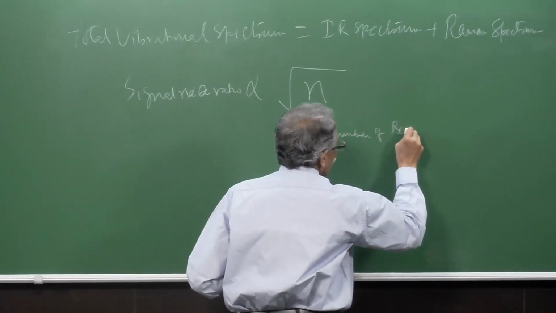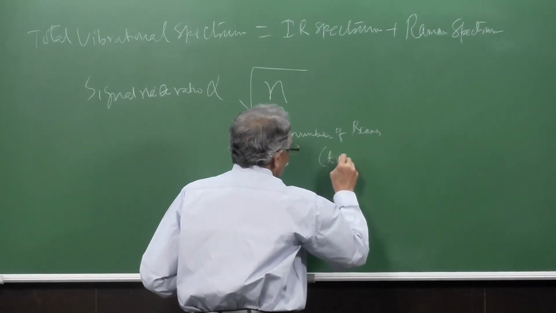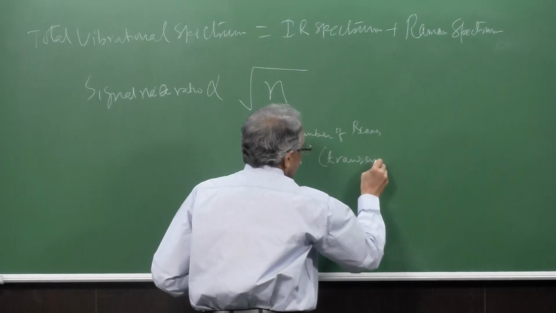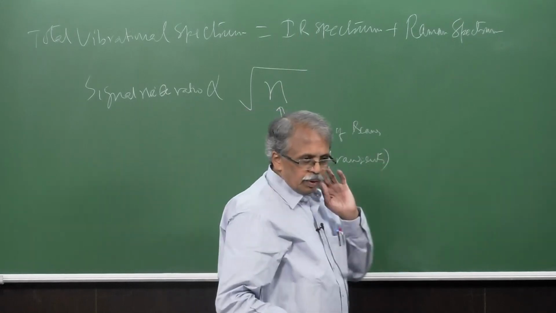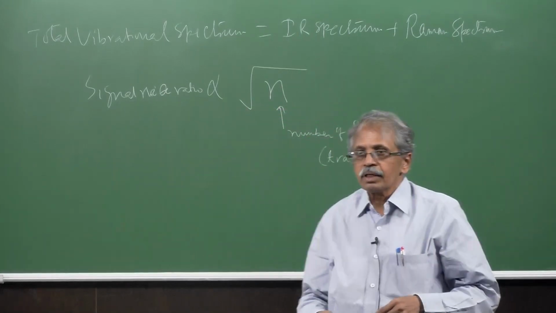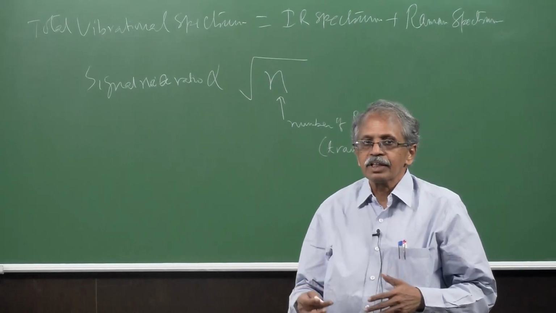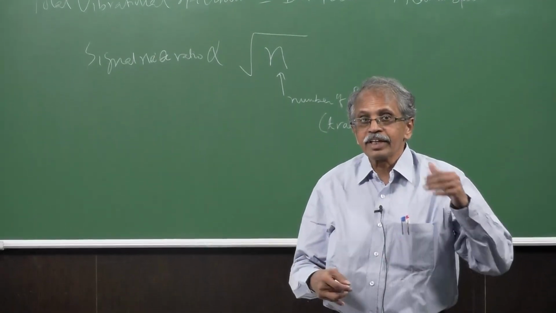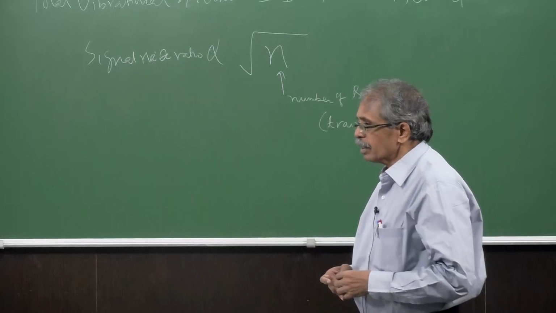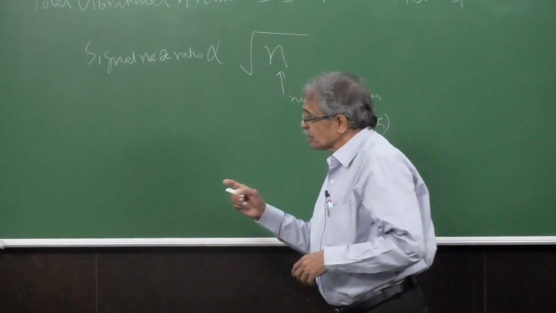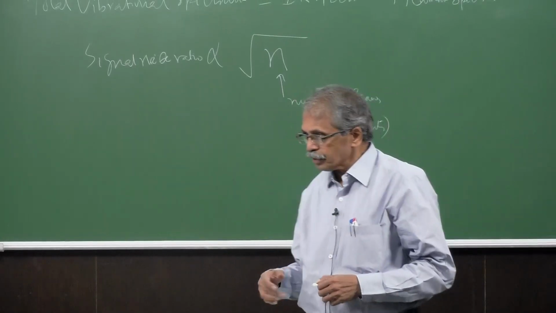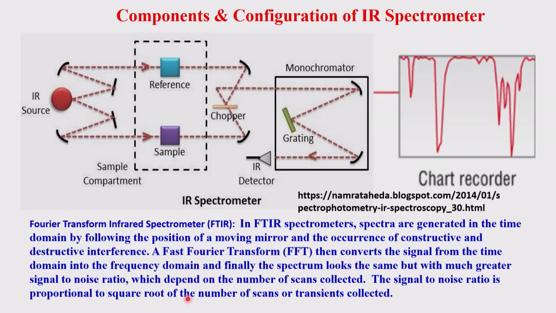In some cases they call these transients. So if you make 100 scans, the square root of 100 is 10, and you get a 10 times better signal to noise ratio. So when you increase the number of scans, you get a much better square root of n level of signal to noise ratio.